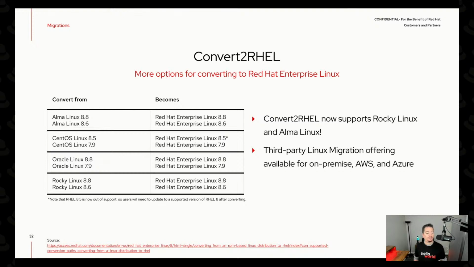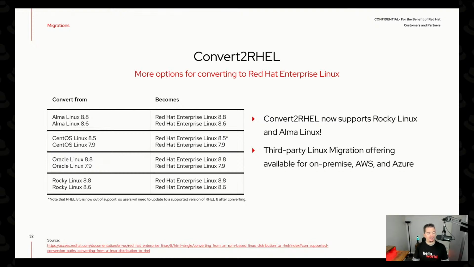And that is that if you've got CentOS Linux 8.5, that was the last version of CentOS Linux 8. You can do an in-place conversion to 8.5, but 8.5 is no longer a minor version that is supported. So you'll have to do a DNF update or a yum update to 8.6, which is an EUS version, or 8.8, or any minute now 8.9.